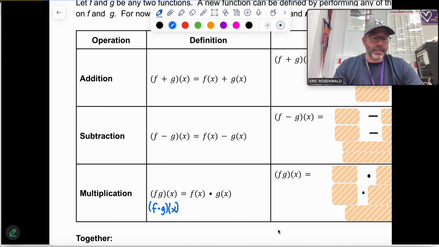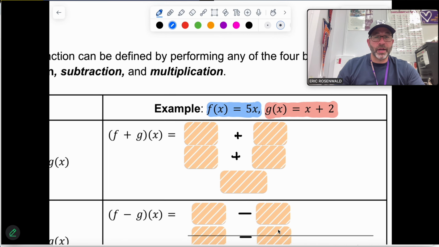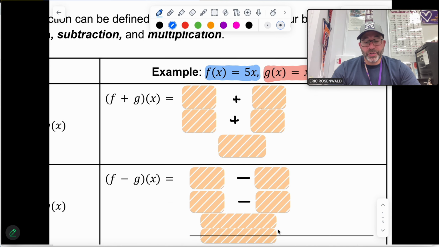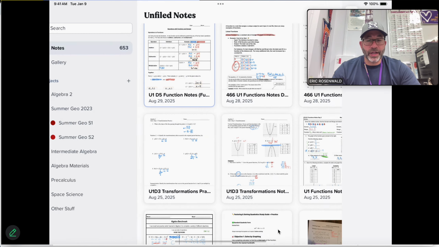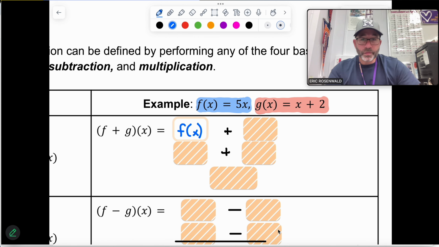So what does this look like in operation? If we take these two functions, f of x is equal to 5x, and g of x is equal to x plus 2, we use the definition that f plus g of x is the same as f of x and adding g of x to it.